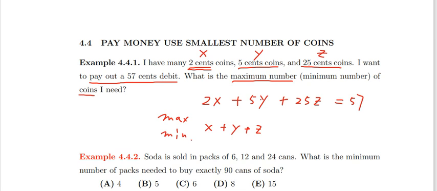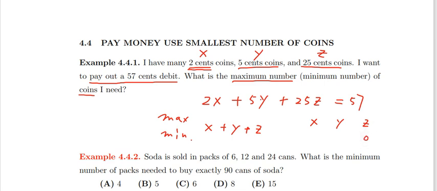So if we consider maximum, then we pick x as big as possible. Because 2x is even and 57 is odd, we check x, y, z.